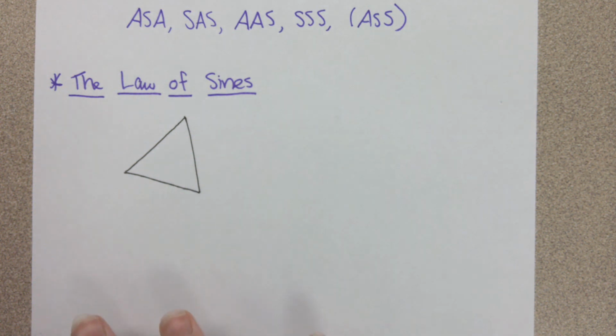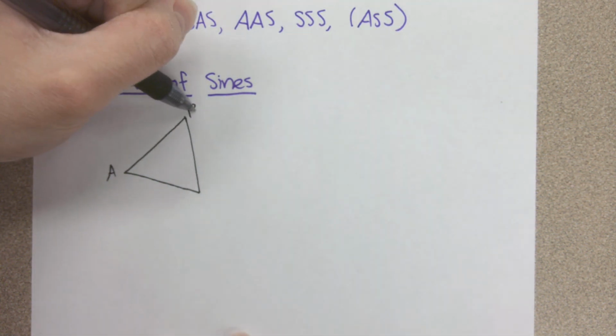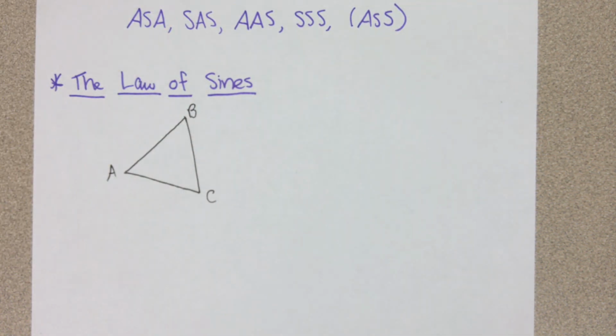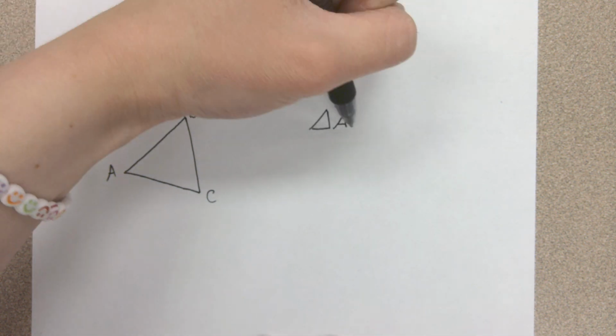Let's call this triangle ABC, and when I label these, I always start in the bottom left corner. You can start at any angle of the triangle that you would like, but that's just where I default. A, B, C, like that. So we have triangle ABC here.